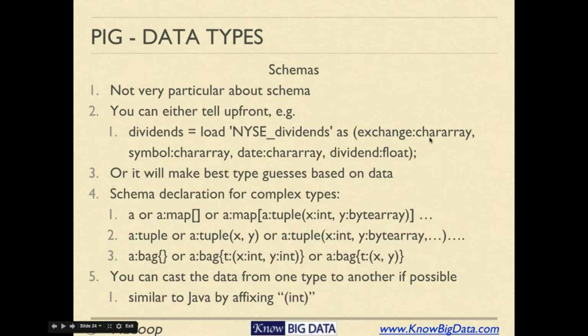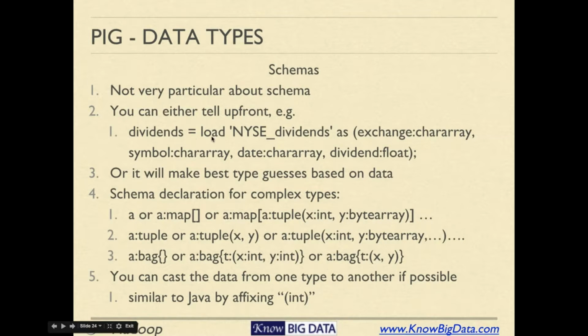Exchange is a string, which is a character array, symbol is a string, date is also a string, and dividend is a float. You can either tell Pig that your data has these data types, or you leave it to Pig to keep on guessing, to an extent that you may choose to skip even the column names. Up to here is a valid load statement.